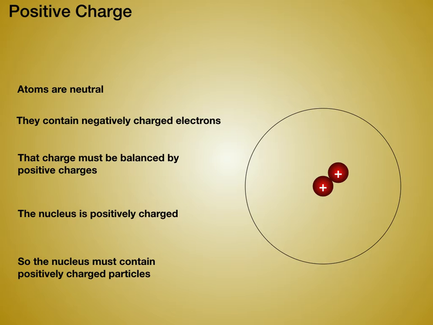So an atom with 2 electrons, a helium atom, must have 2 protons. 3 protons, that would imply an atom of lithium, and that atom would have 3 electrons. 4 protons, that's an atom of beryllium, and that atom would have 4 electrons. And 5, that's boron, 5 protons in an atom of boron, and 5 electrons to go with it. These particles then are protons.